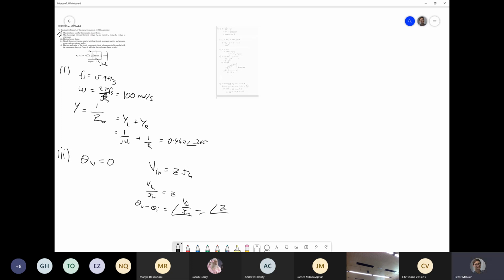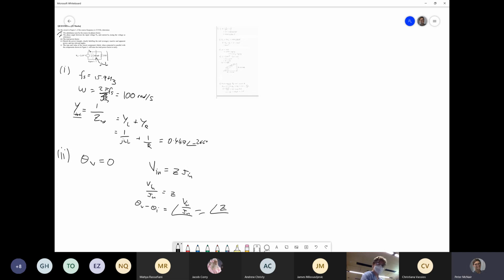Now, we know that the Y is given by this. So if we do 1 divided by that, what's going to happen to that angle? Any ideas? Anyone online got any ideas? 2018 question 4BC. Yep, we'll jump on it.